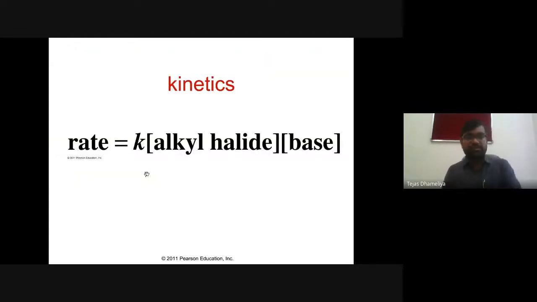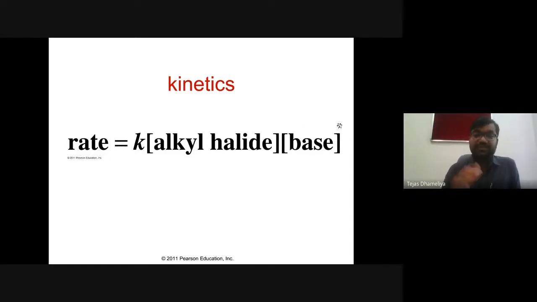Now, for this reaction, the rate of the reaction is dependent upon the concentration of alkyl halide as well as the concentration of the base. So it is dependent upon the concentration of both the species. Friends, here the rate of the reaction is generally termed a second order reaction, because here is a power 1.